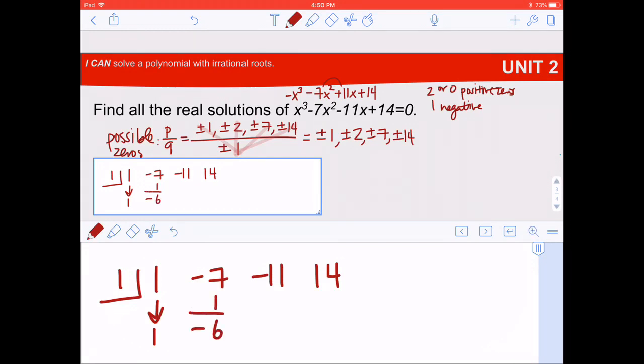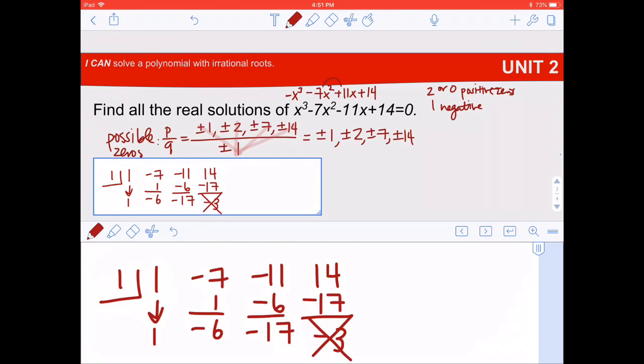That's going to give me negative 6, negative 17, and that gives me negative 3. Negative 3 is not 0. That means that 1 is not a solution. It was a possible one, but now that we've checked it with synthetic division, we did not get a remainder of 0, so 1 is not a solution.